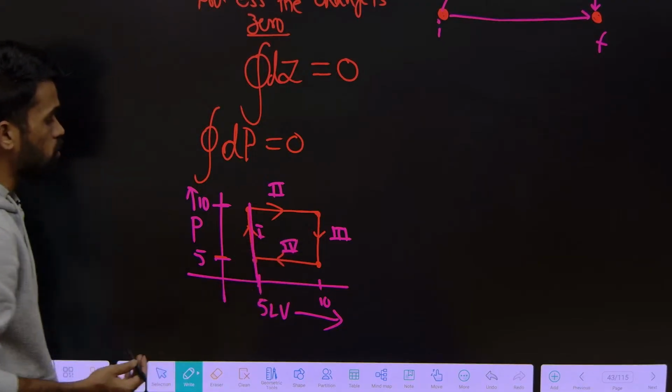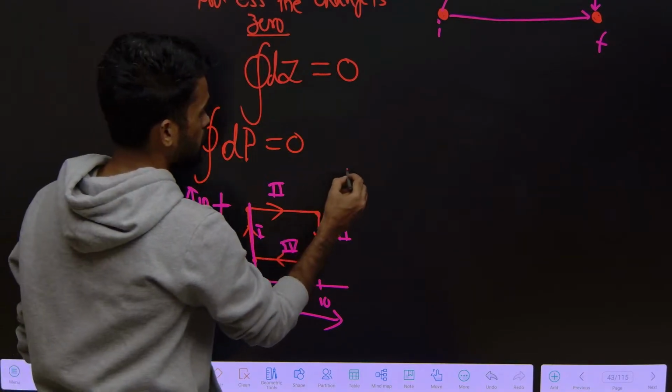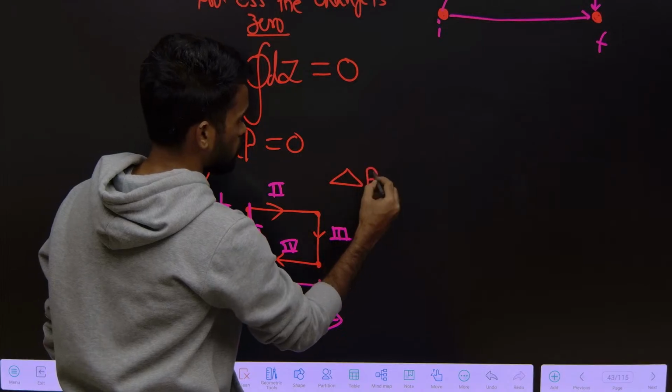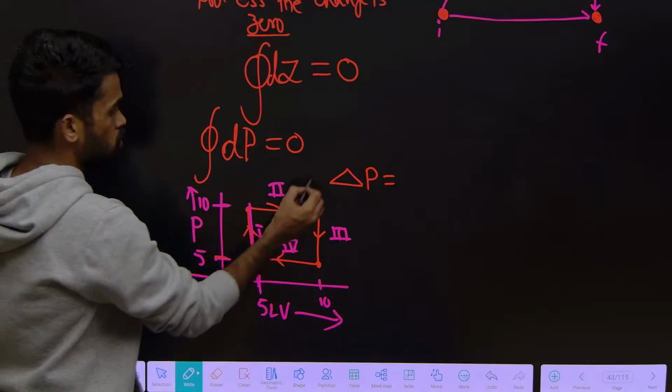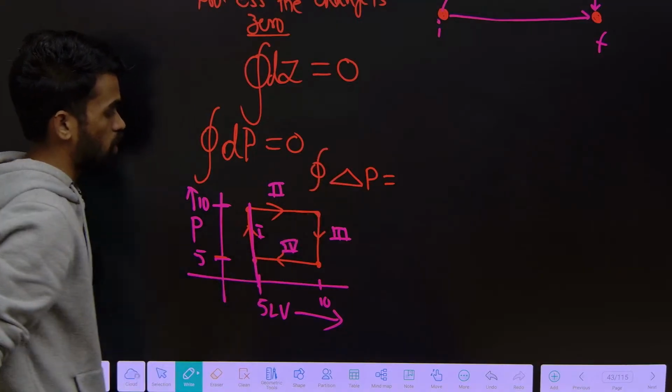If you want to find the total net change in pressure in this cyclic process, how much will it be?